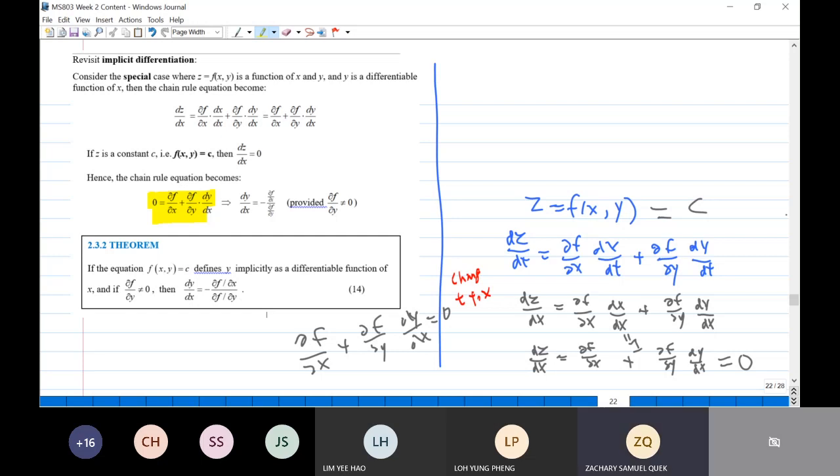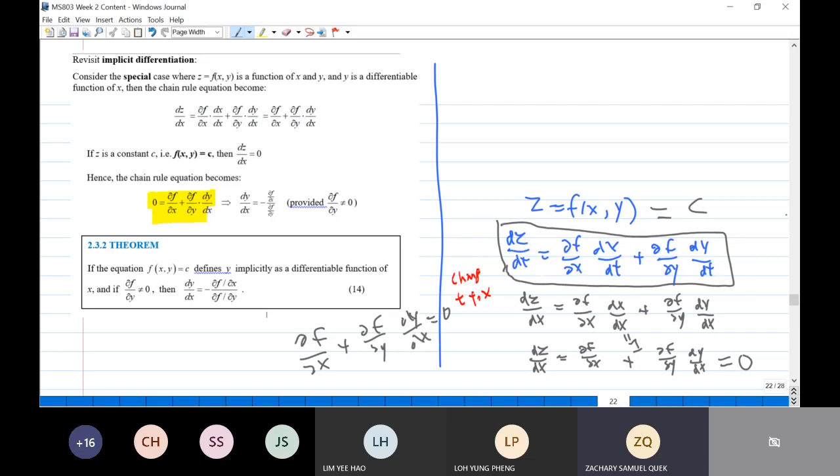Mr. Kwek, I have a question. You wrote there change t to x. Where does t come from? Initially you have this equation. Now I can modify the equation by changing all the t to x.